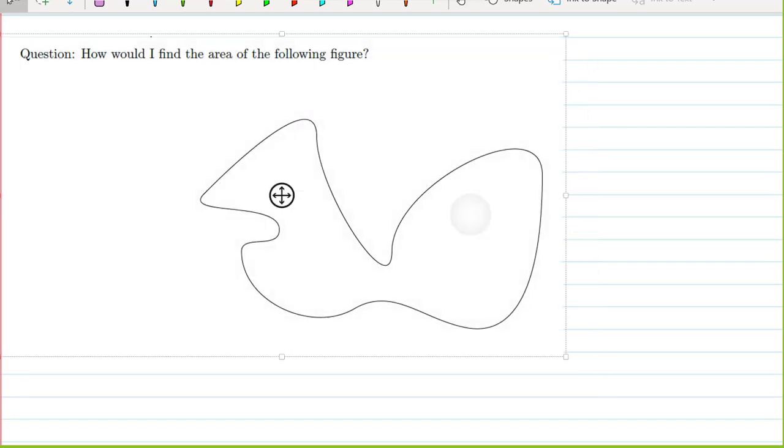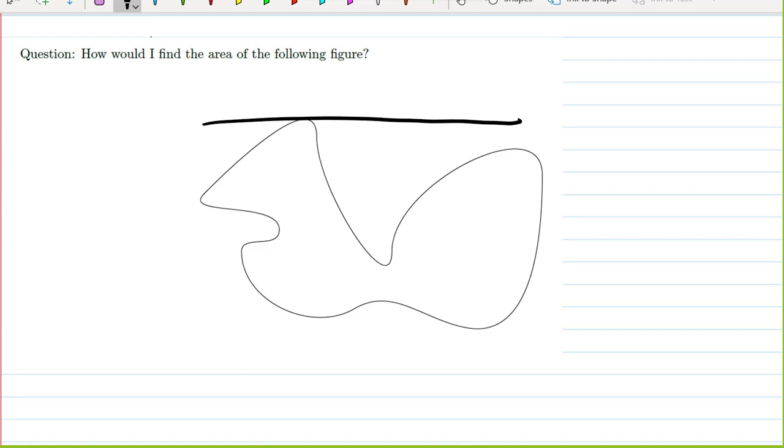When we look at this, it's not a square, it's not a rectangle, it's not a triangle, and I can't really divide it into squares, rectangles, triangles, circles, etc. So the idea is we could start approximating the area very coarsely for my first approximation by just putting this entire geometric figure inside of a rectangle.